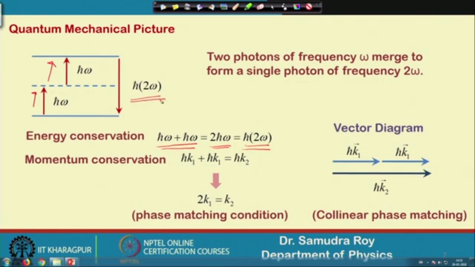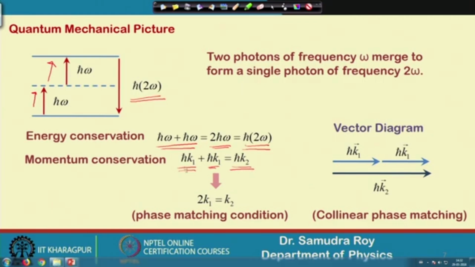In a similar way, if I try to find the momentum conservation, then we can say that the momentum of 2 photons is h cross k 1 plus h cross k 1, where k 1 is the propagation constant of the photon having frequency omega. Then the momentum conservation suggests that if these two are added, we get another momentum h cross k 2, which is the momentum of the wave having frequency component 2 omega.